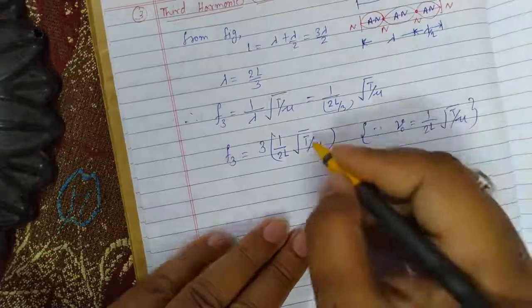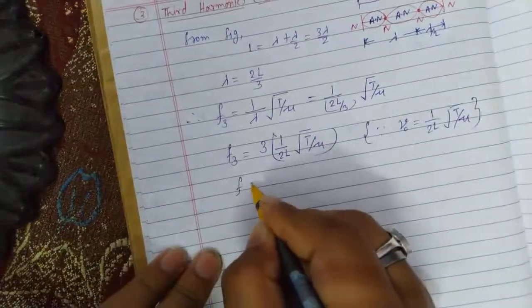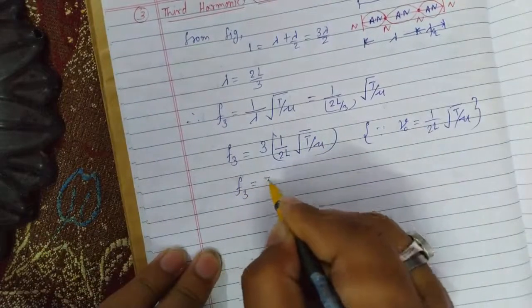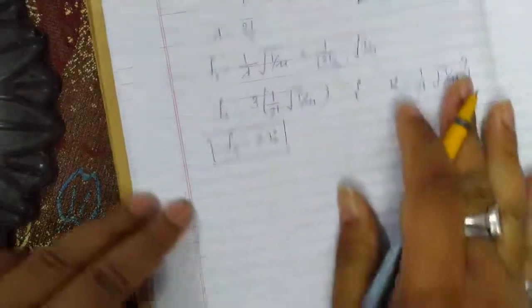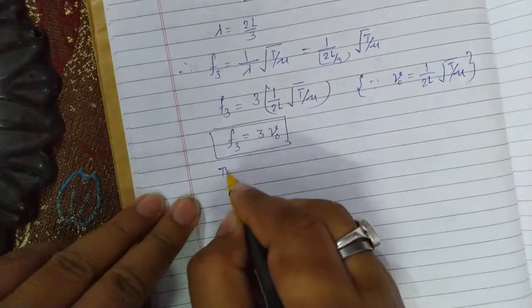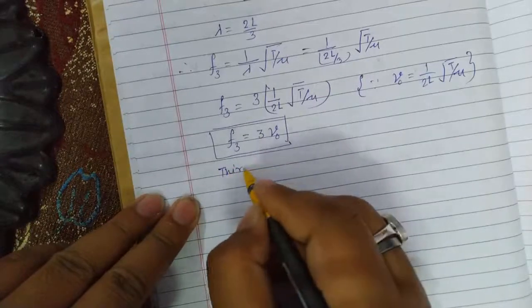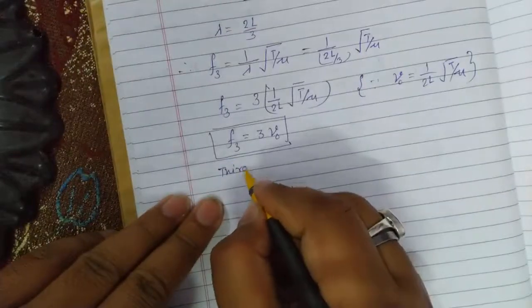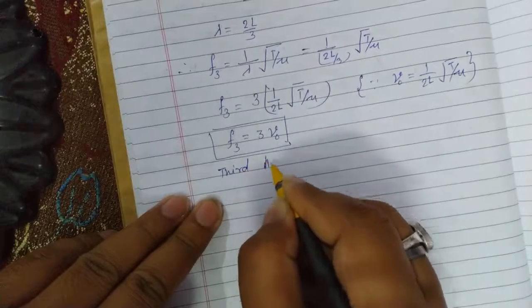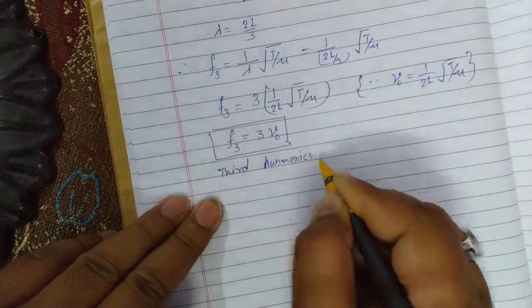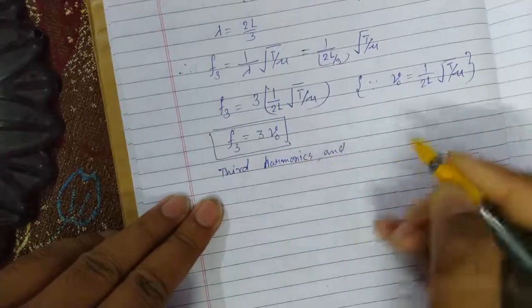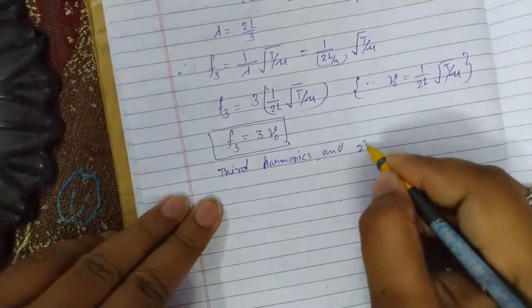By using this value, we get F3 is equal to 3 nu naught. This is the frequency of the third harmonic and second overtone.